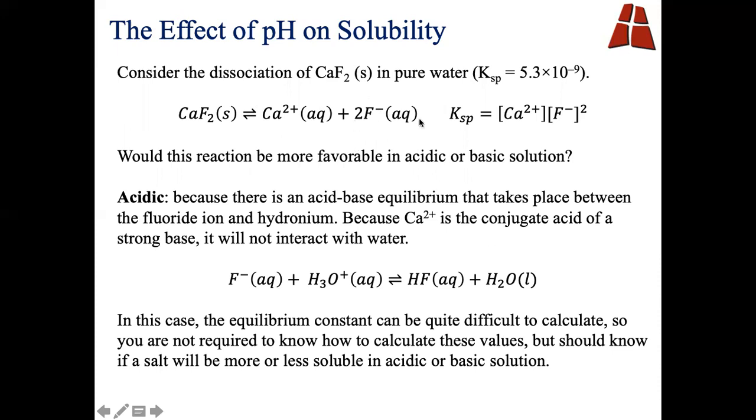But fluoride is the conjugate base of a weak acid, HF, right? And so because of that, calcium fluoride would more easily dissolve in acidic solution because that fluoride could react with the excess hydronium that would be present in an acidic solution to form HF and water, of course.